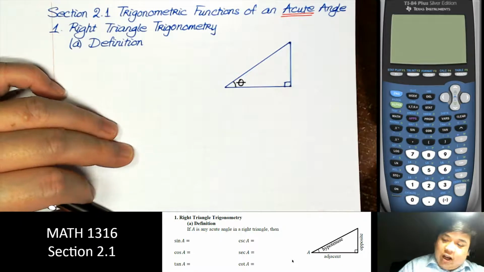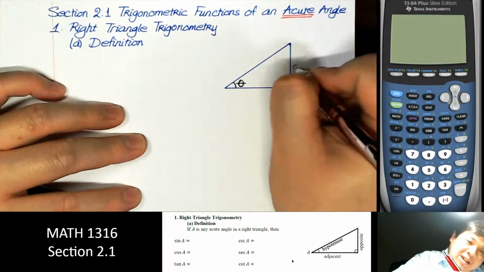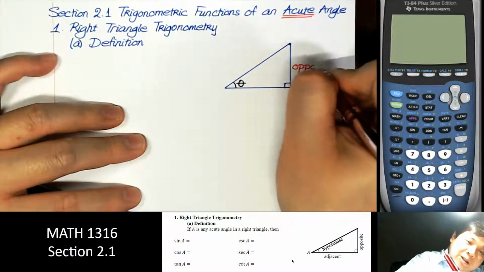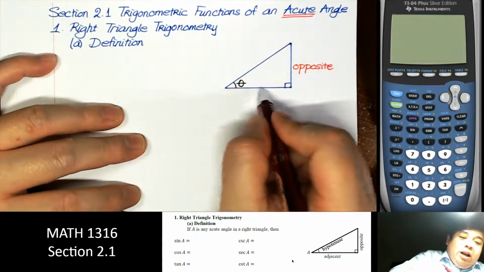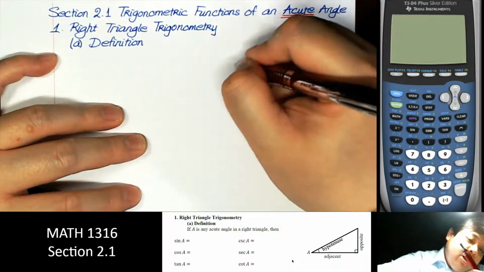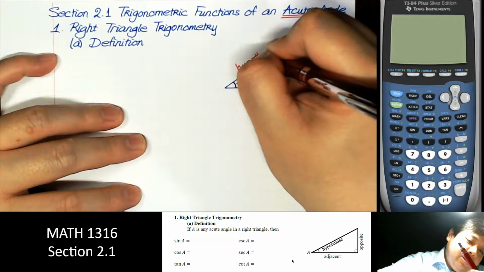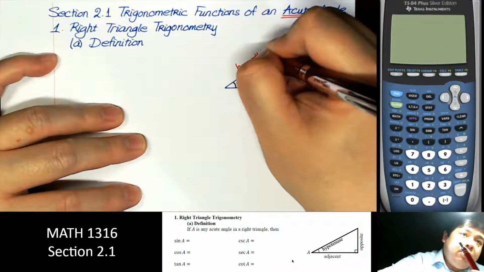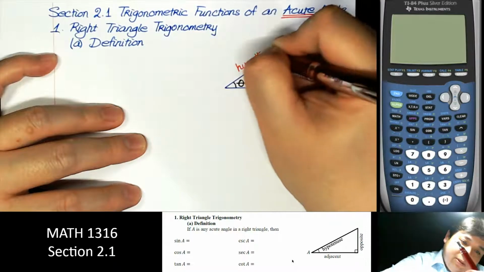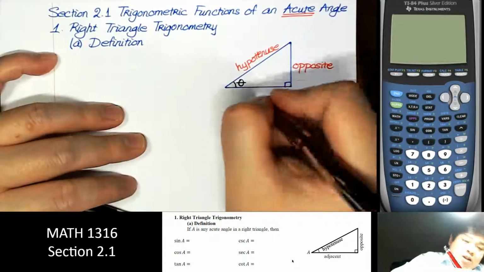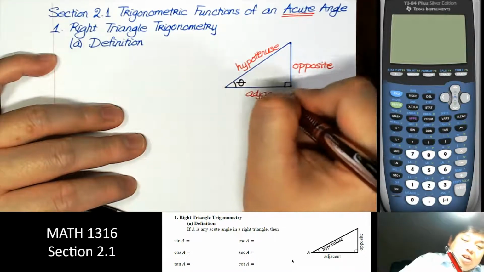Opposite to the angle theta is what we call the opposite. The hypotenuse is the longest side. And then the adjacent, it's adjacent to the angle.